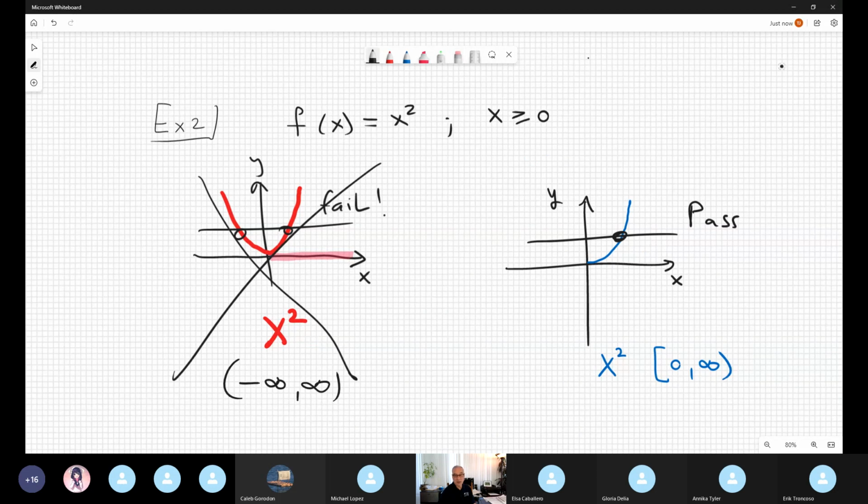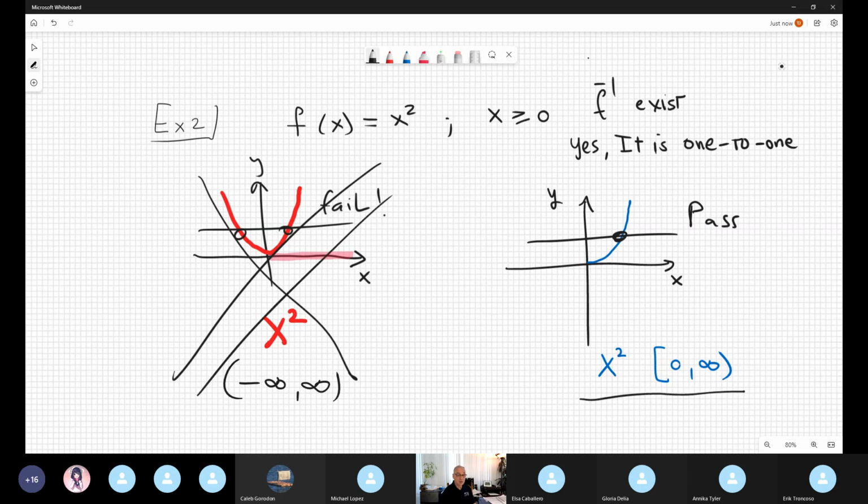So now, si es one-to-one, we can affirm, yes, it is one-to-one. Therefore, it's invertible, which is equivalent to say, synonymous to say, the inverse function exists of this function, only this supposition, and this no.